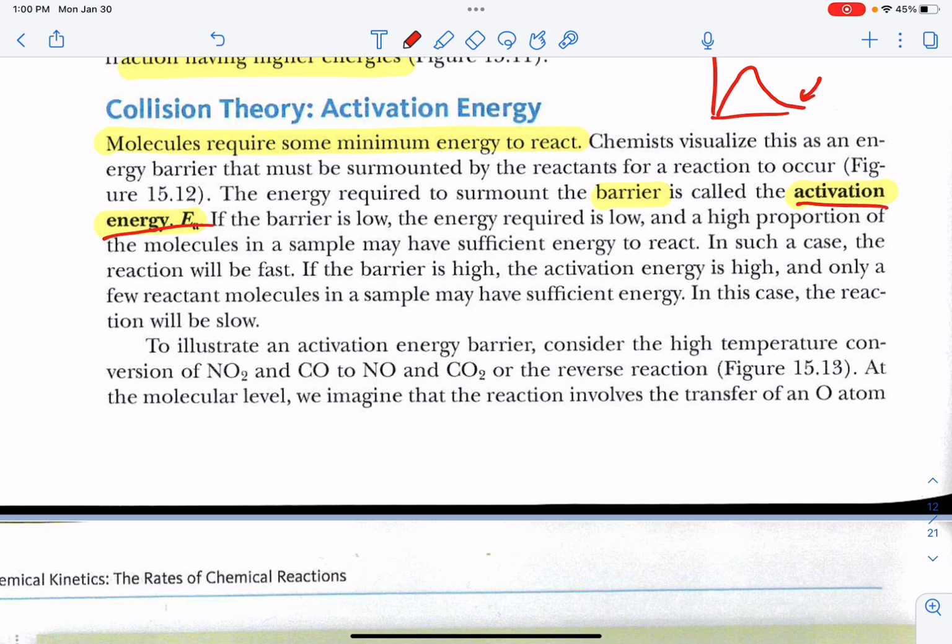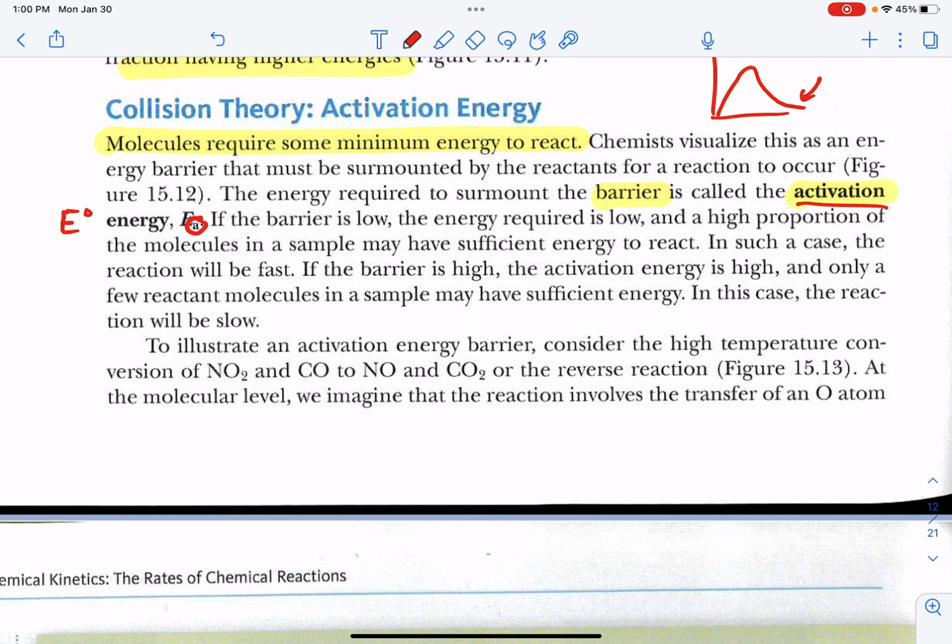Sometimes you see it written with the A right here, and sometimes you might see it written with a little circle. This is the activation energy, the energy required before the reaction can proceed on its own.